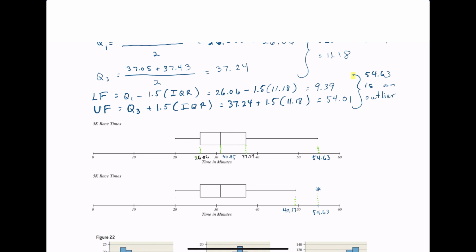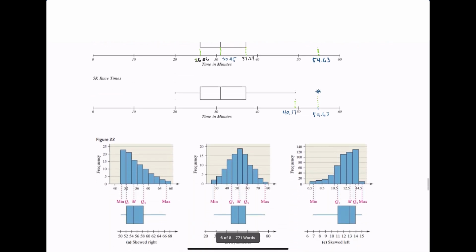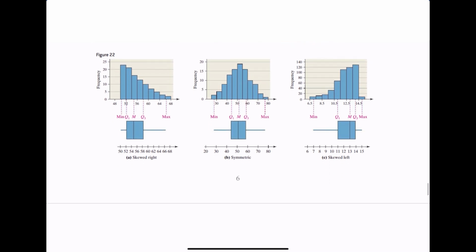Before we leave the topic of box plots, there's kind of a nice graphic comparing histograms and box plots that I wanted to share with you. What they've done is they've taken 3 data sets and for each of them made a histogram, and they've also made a box and whisker plot for it. So we can get some idea of how those two sorts of things compare.